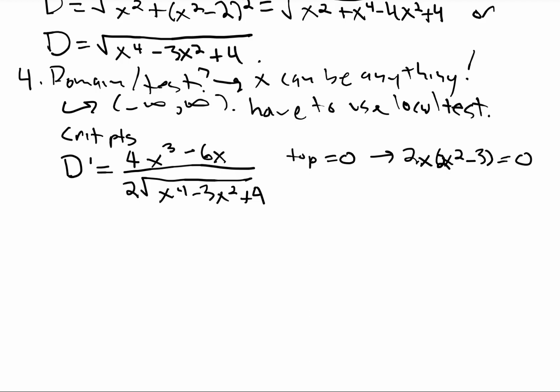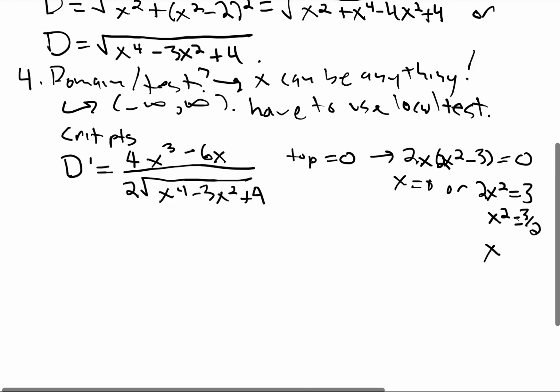And then if I try to clean this up, this beginning part is going to give me a 0 solution. This part over here, the 2x squared minus 3 being 0, that might force that 2x squared is 3, or x squared is 3/2, or x is equal to plus or minus square root of 3/2.